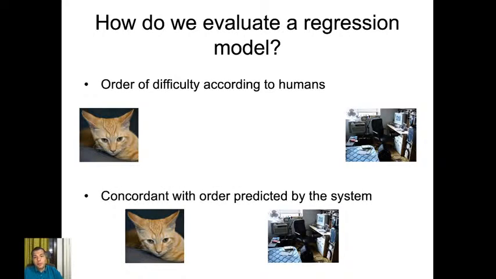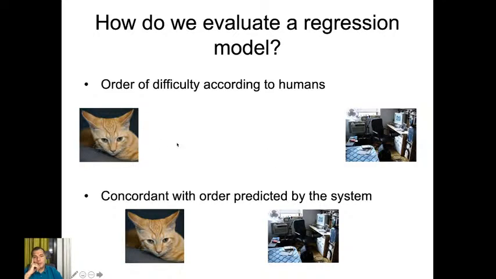One example. You have to consider all the possible pairs of images. So we take the pair with the cat and this messy office. In the first ranking, the ground truth one, we see that the cat appears before the messy office, and the same happens in our ranking. So the cat appears before. This means that this is a concordant pair.